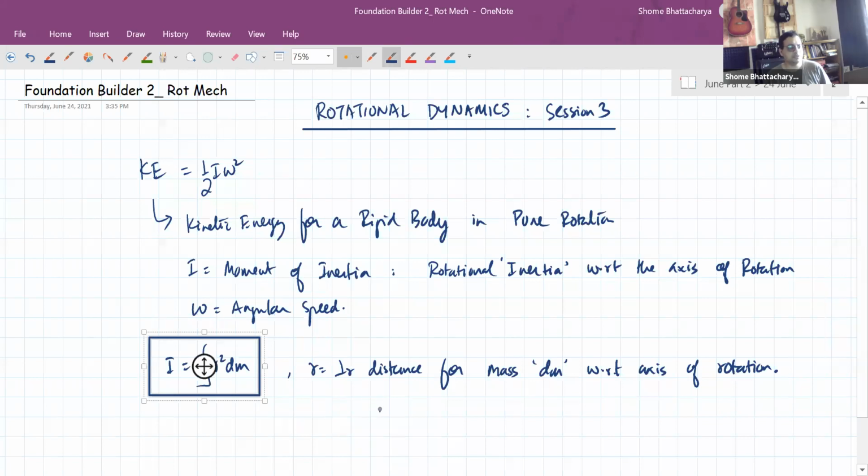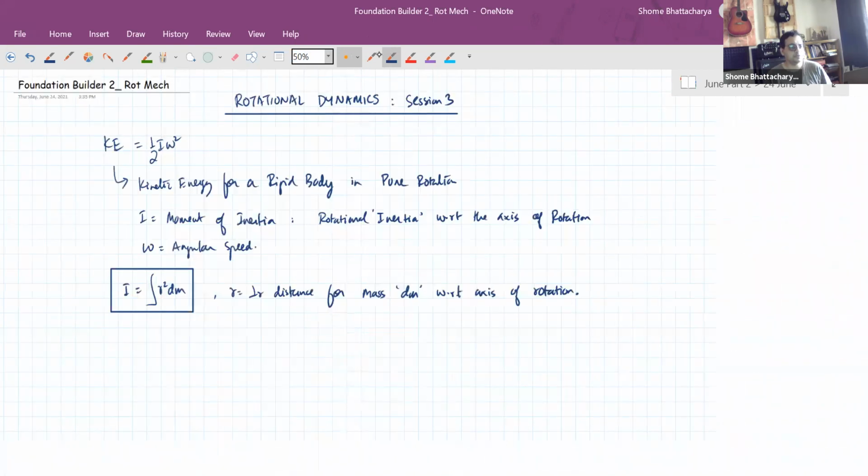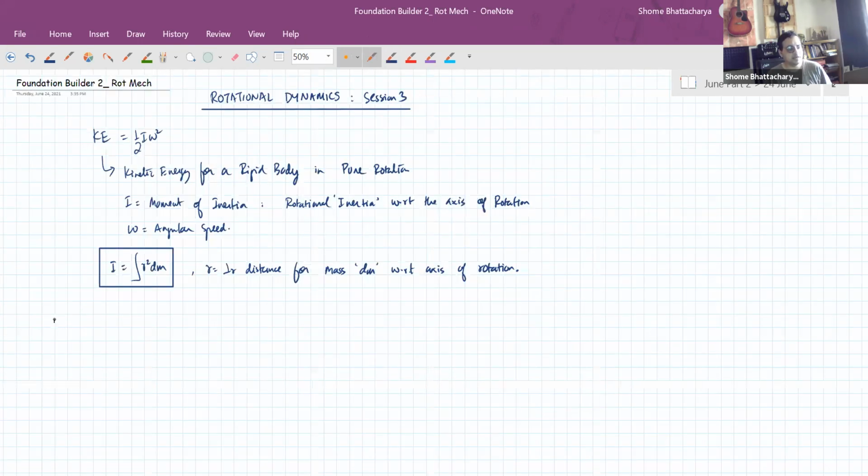Moment of inertia of a thin uniform rod with respect to its center of mass axis, we had seen was ml square by 12, and with respect to an axis at one end of it, we had seen was ml square by 3. So for this kind of thin uniform rod, if the axis of rotation was the perpendicular bisector, then moment of inertia was given by ml square by 12.